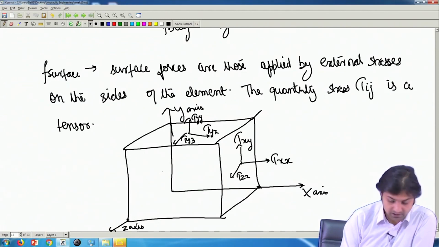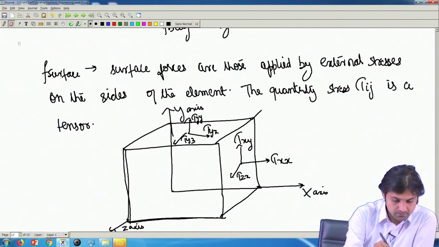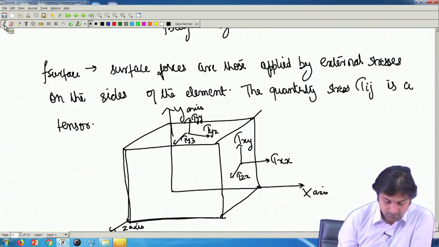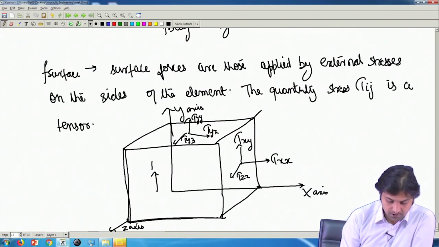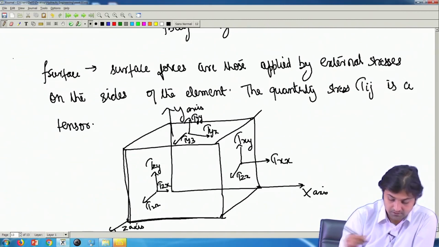On this surface, because this is z surface, it's going to be tau zy, tau zz, and this is tau zx because it's in x direction, all right.